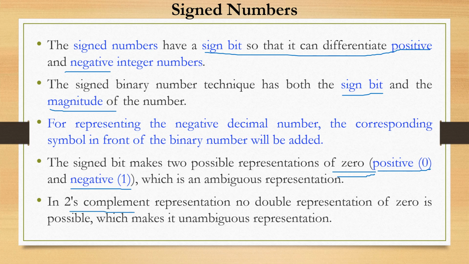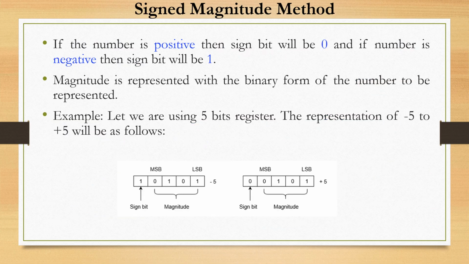Whereas in the case of 2's complement, the representation of 0 is only one. That's why the 2's complement is called an unambiguous representation of numbers. In sign magnitude, as I have said, the sign bit is 0 for positive and 1 for negative.